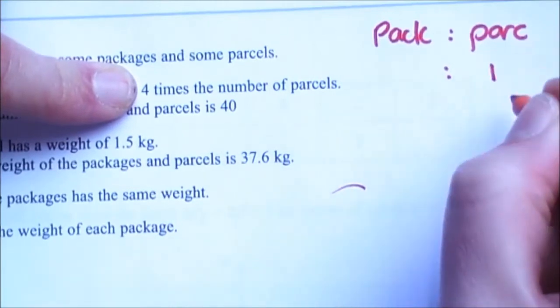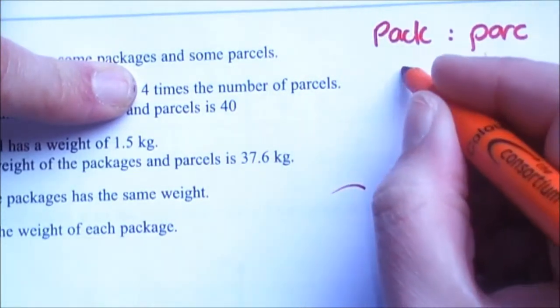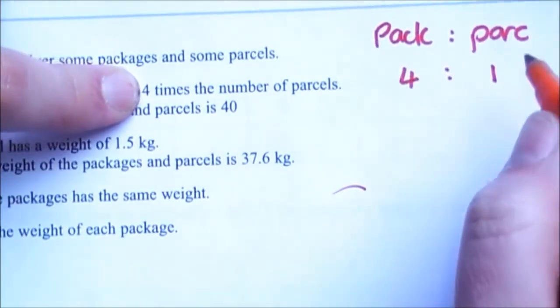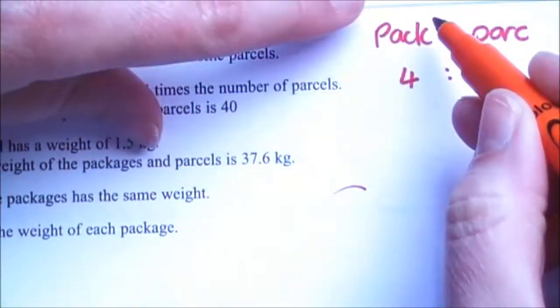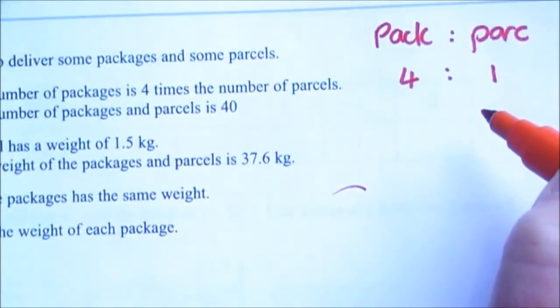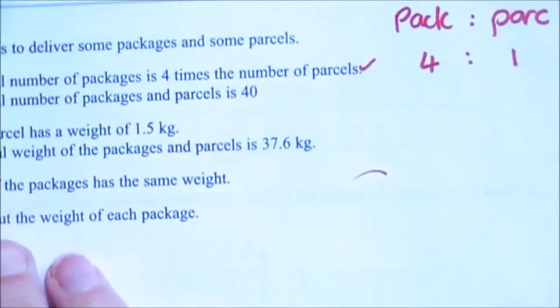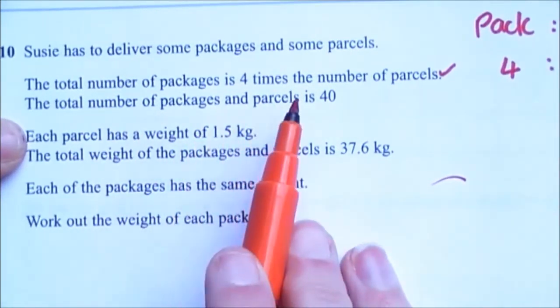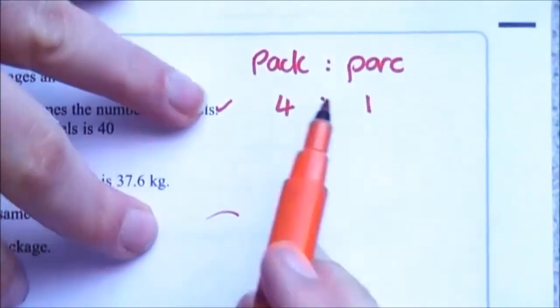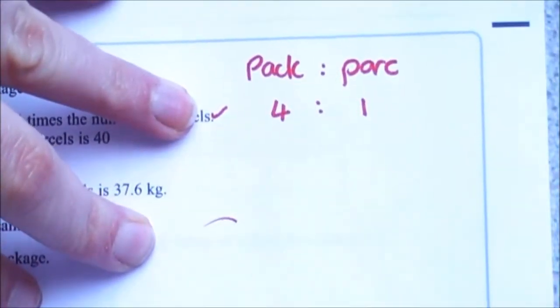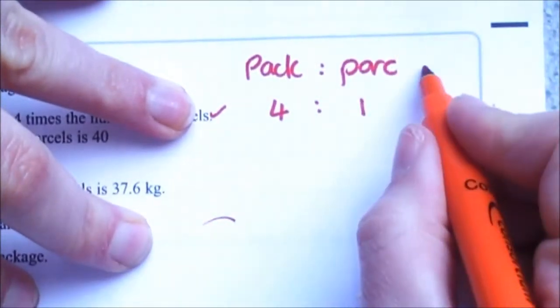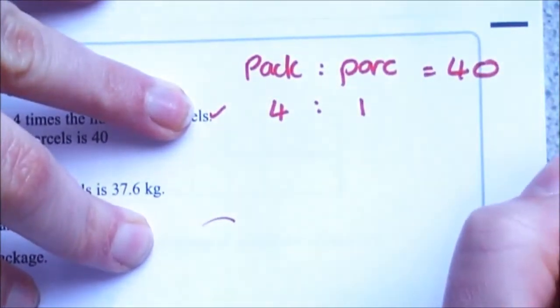So if I've got 1 parcel, I've got 4 times that in packages. So for every 1 parcel, I've got 4 packages. Now I've dealt with that piece of information. The total number of packages and parcels is 40. So packages and parcels have a total of 40.